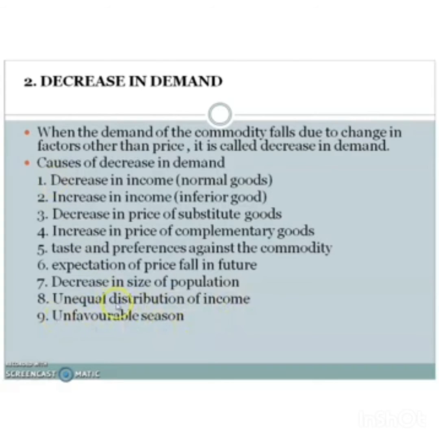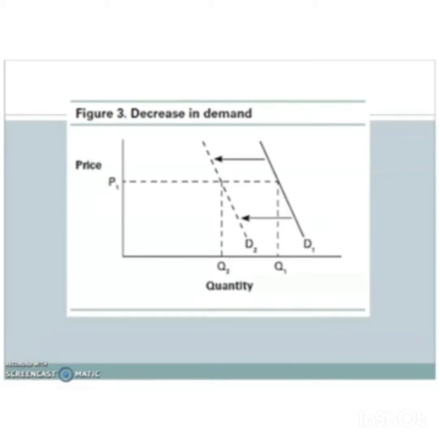All this leads to decrease in demand. Decrease in demand can be shown with the diagram. It is shown by a leftward shift in the demand curve at the same price. So the price is not changing, but the demand curve shifts to the left.